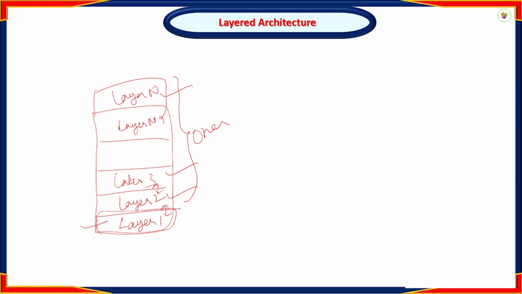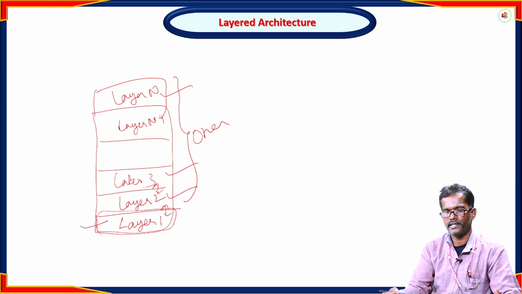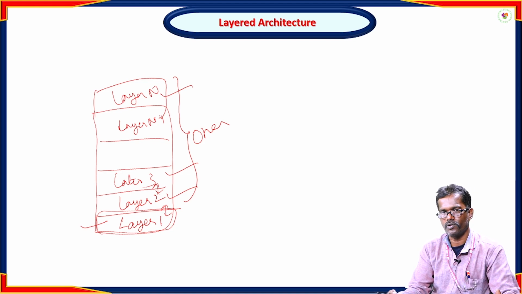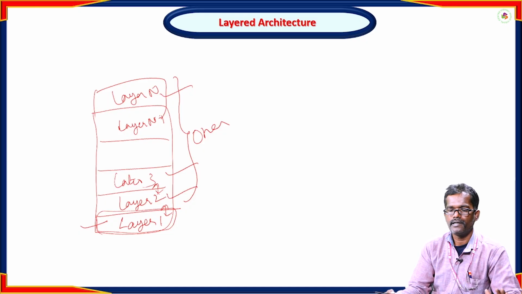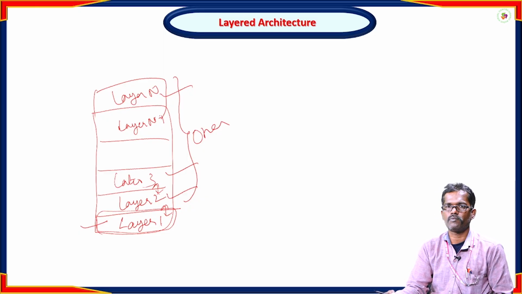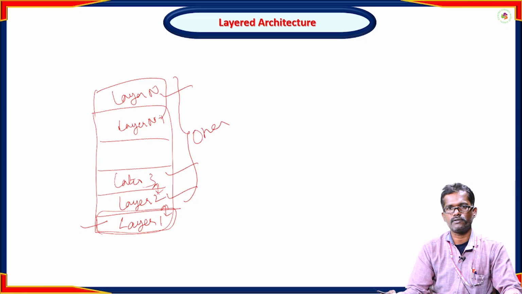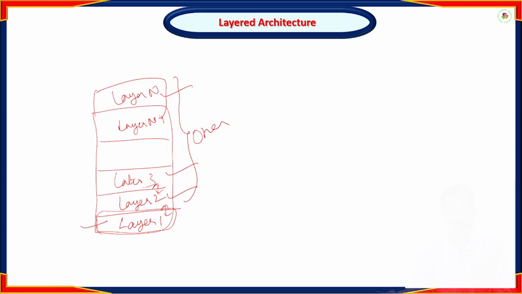With this layering architecture they designed some networking types, like the OSI model and the TCP/IP model. All of this came from the layering architecture. Next we will see what is meant by the OSI model, a very important topic and a very important long question also, so we can go through it deeply.